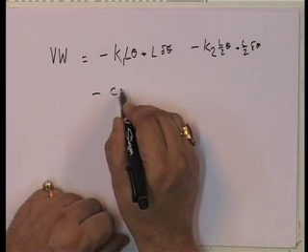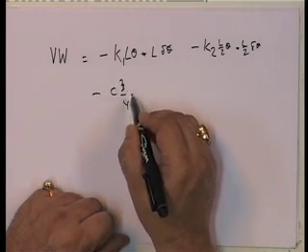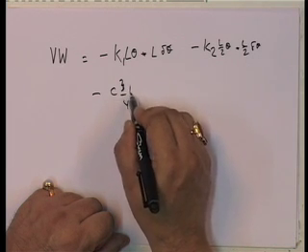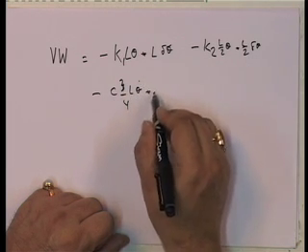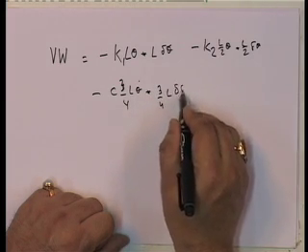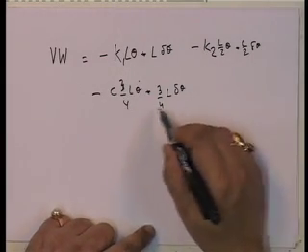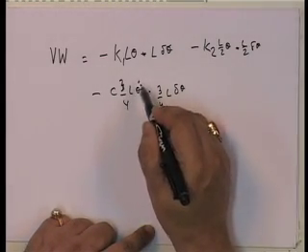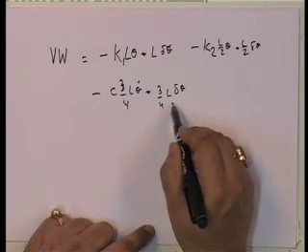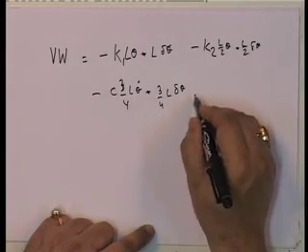Then we have C 3 by 4 L theta dot undergoing 3 by 4 L delta theta, that real force undergoing the virtual displacement.